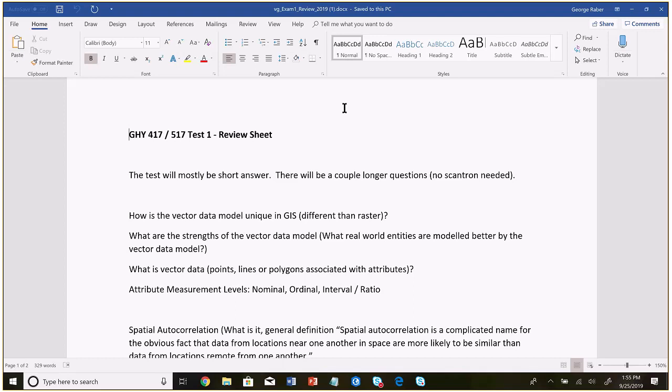There are some multiple choice questions, just a few. Sorry, there's only one question where you might have to draw a diagram, like an ArcGIS diagram in Model Builder, drawing the process.